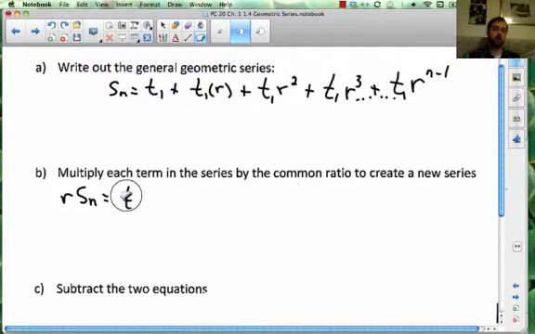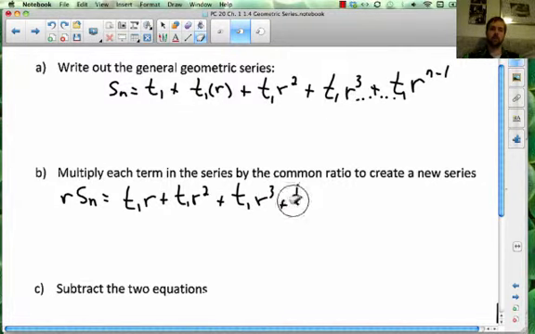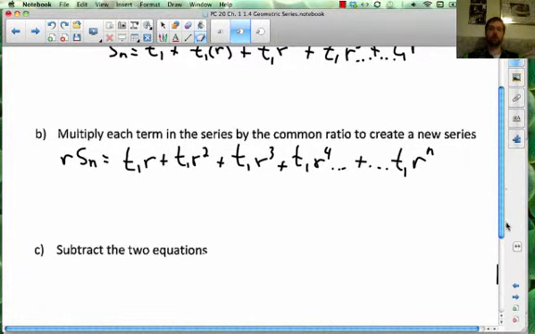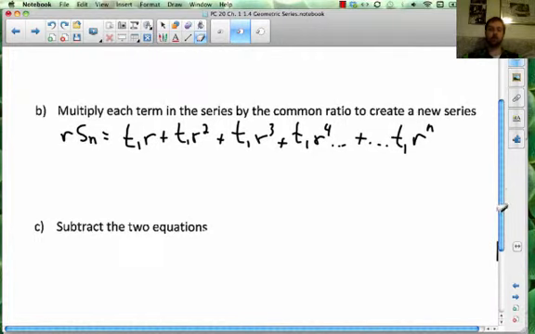So t1 becomes t1r. t1r becomes t1r squared. t1r squared becomes t1r cubed. Okay, and the trend continues all the way down to our final term, where t1r to the n minus 1 becomes t1r to the n, because we're multiplying it by r.